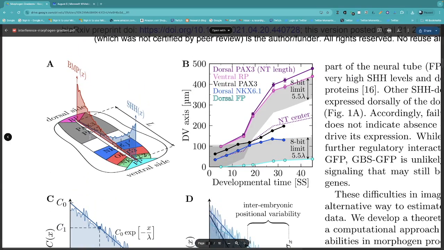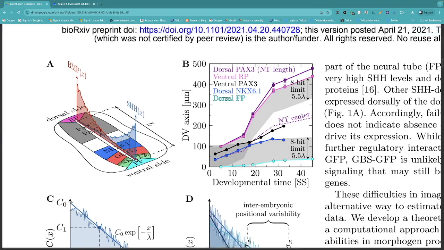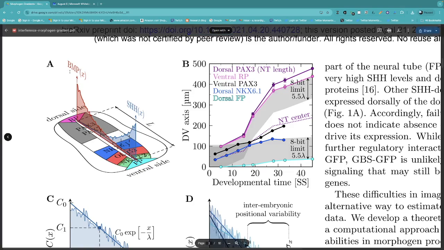You have these different factors being expressed with gradients. In particular, you have the sonic hedgehog gradient and this bone morphogenetic protein gradient. BMP starts at the dorsal side, sonic hedgehog at the ventral side, and they intersect in the middle, and you get this boundary. So you get this intersection between the two gradients.